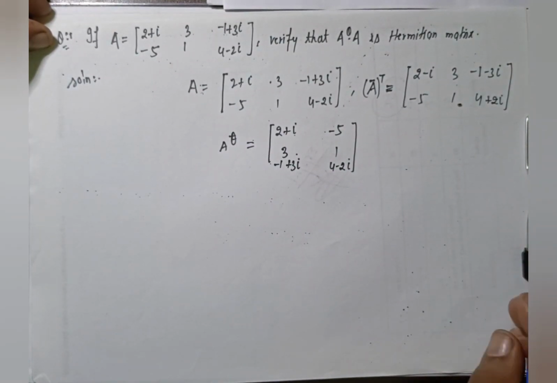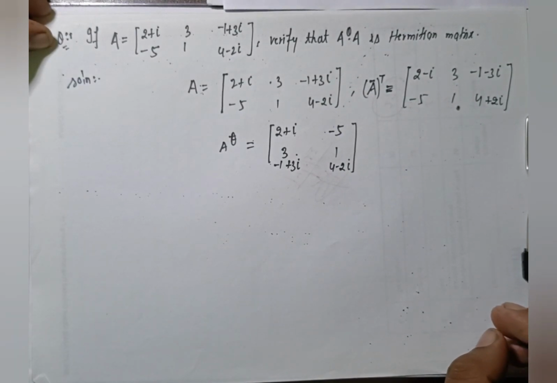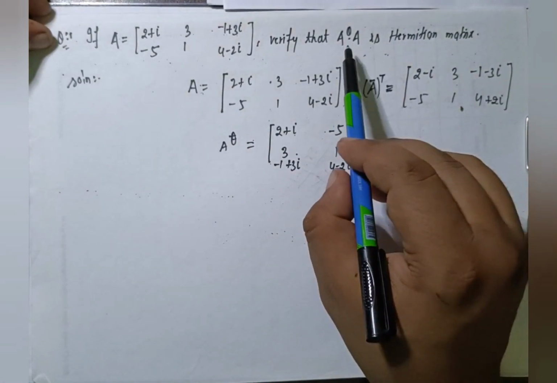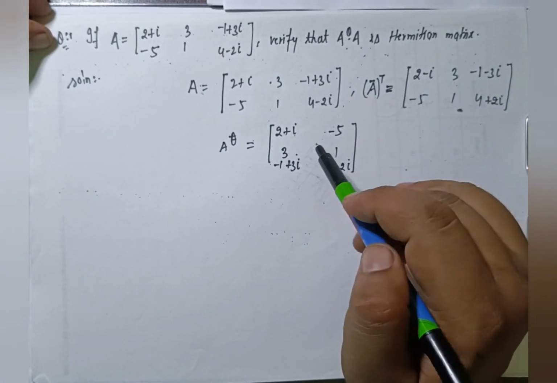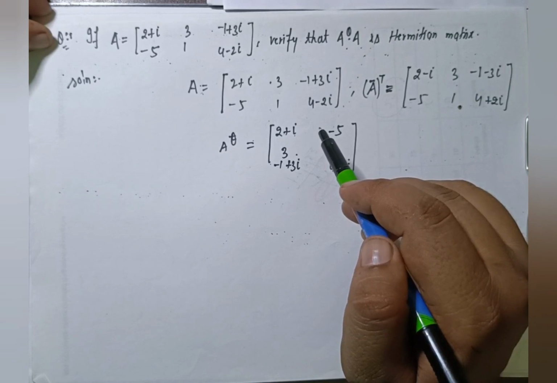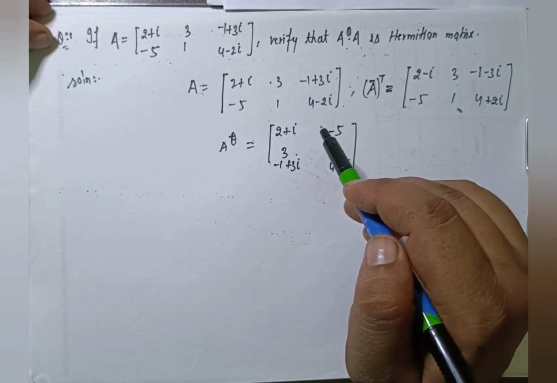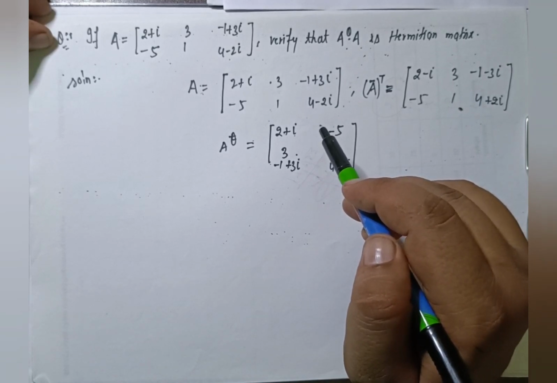So here we can check A into A theta. We need to verify that A into A theta is Hermitian matrix. So we will multiply A into A theta and then we will get the resultant matrix there.